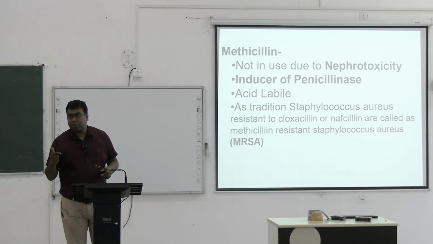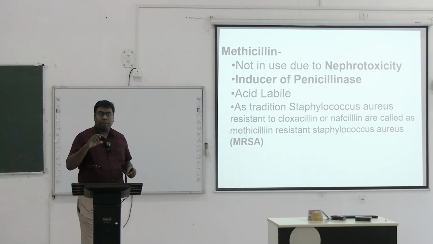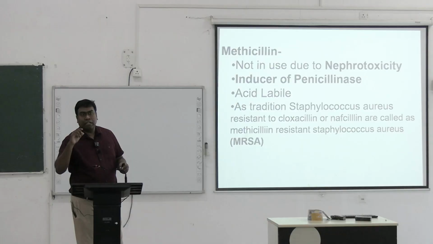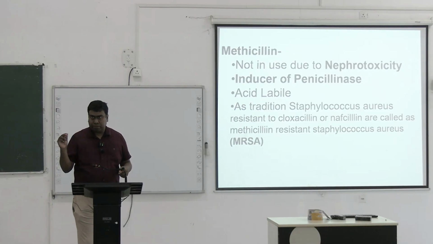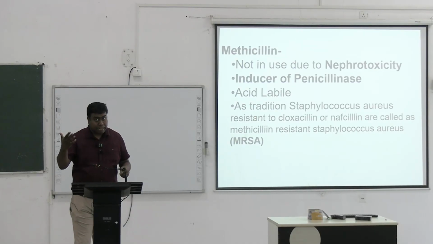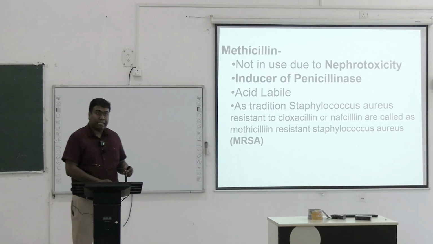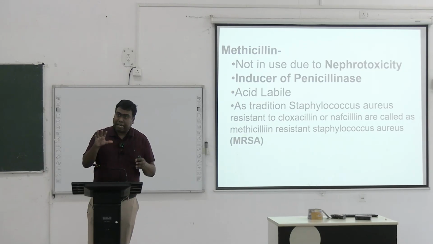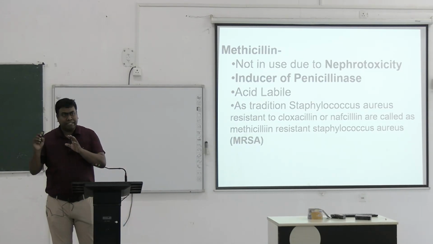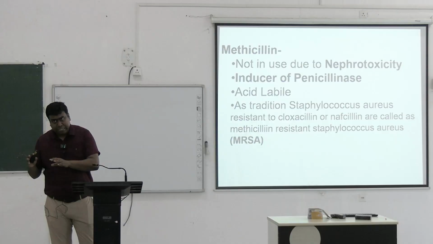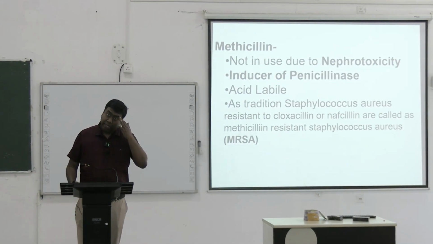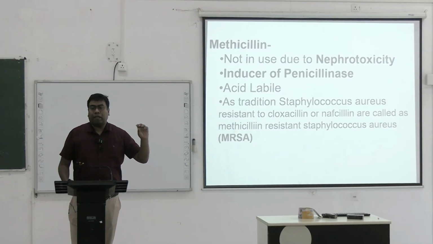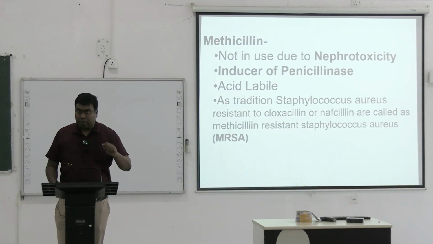Is it resistance by production of an enzyme? Very good. It is by altering the penicillin binding protein, not like production of penicillinase or beta-lactamase. Penicillinase or beta-lactamase are enzymes produced by the organism. They break down the beta-lactam ring. Clear? But here the alteration is in the target.